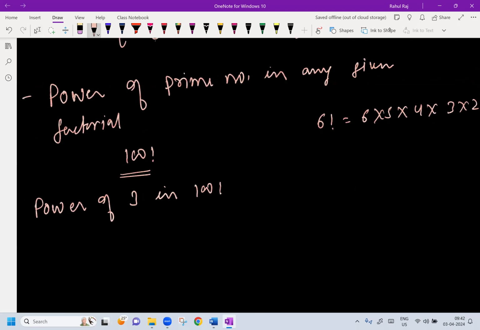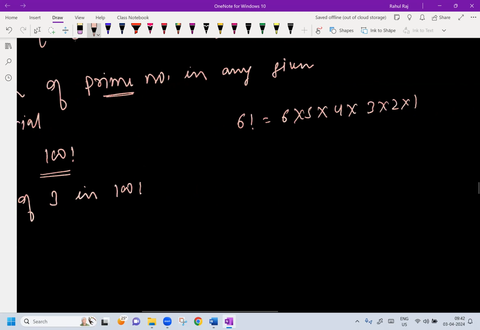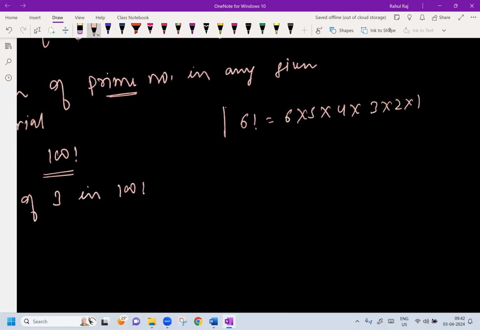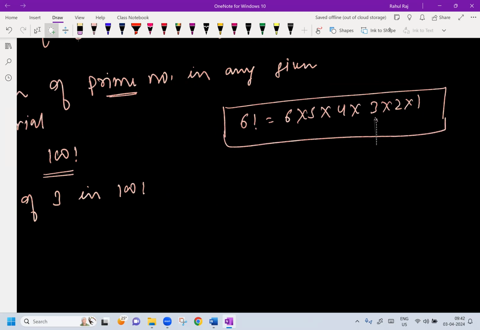I'm now giving you a new concept, power of a prime number in any given factorial. In this case, I'm asking how many powers of 3 are there in this number. There's 1 three, and this 6 is also nothing but 2 cross 3, right? It means there are 2 threes in 6 factorial. Simple logic.